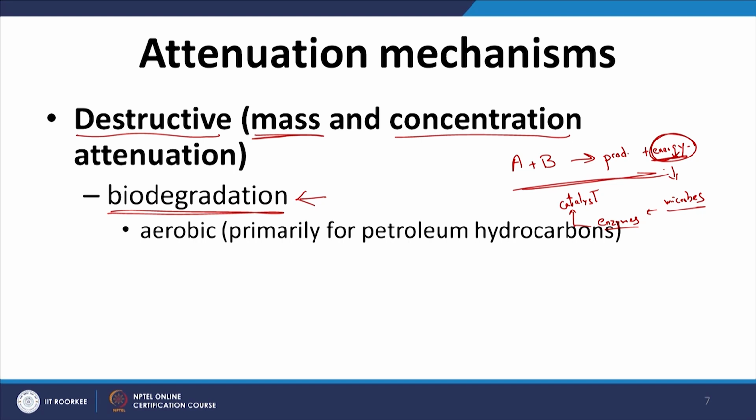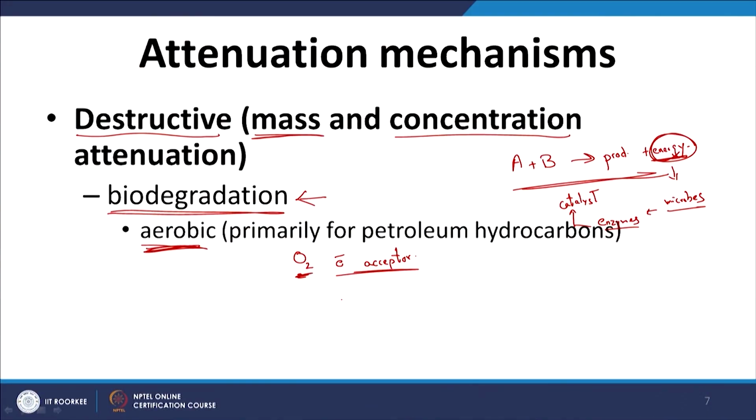So biodegradation, and there are two forms typically. Aerobic, obviously, primarily an aerobic process. Aerobic means the redox process in the presence of oxygen. And what is oxygen? Obviously, it is an electron acceptor, or an oxidizing agent. So, which particular compound will be degraded in aerobic conditions, a reduced compound or an electron donor?